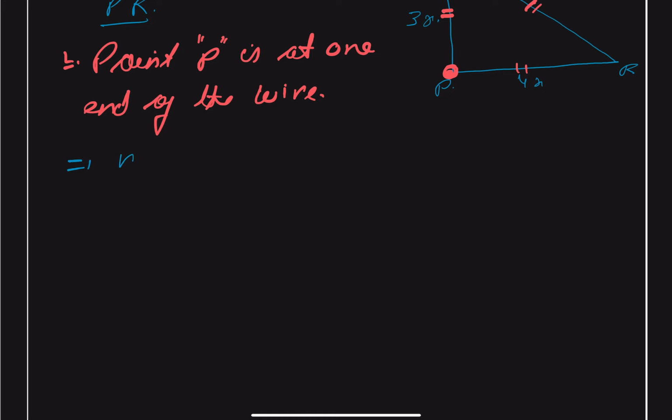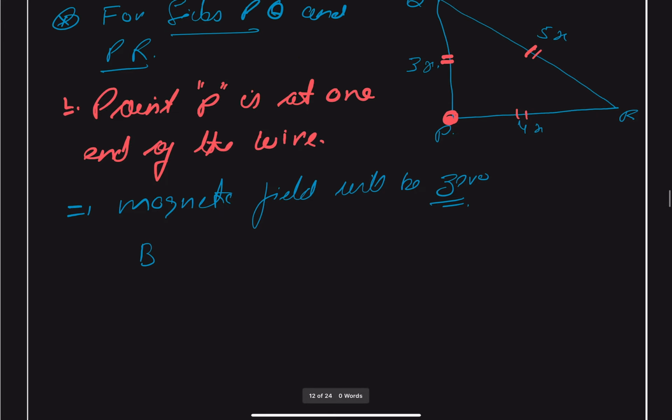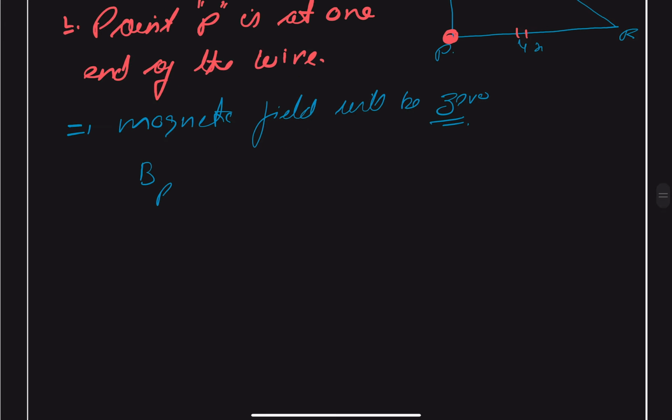It means the magnetic field due to wire PQ and the magnetic field due to wire PR will be equal to 0.